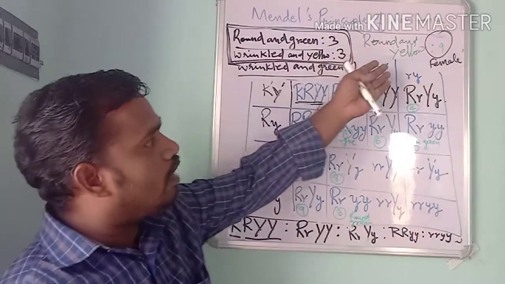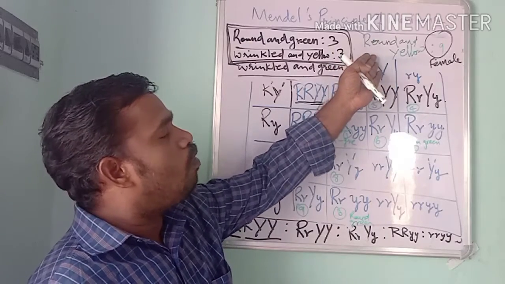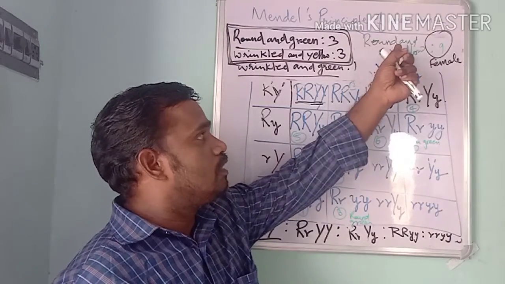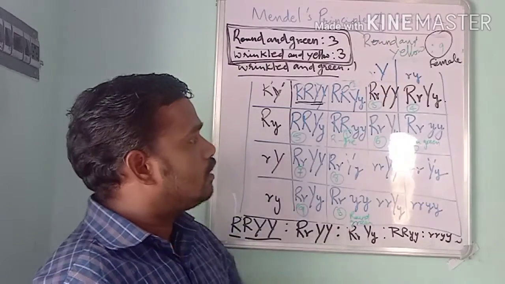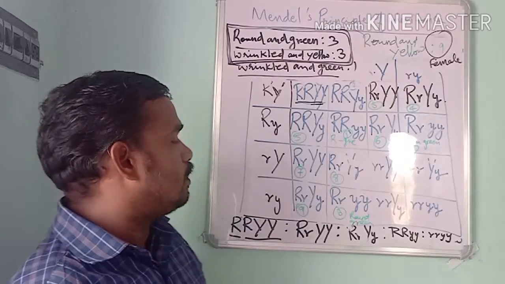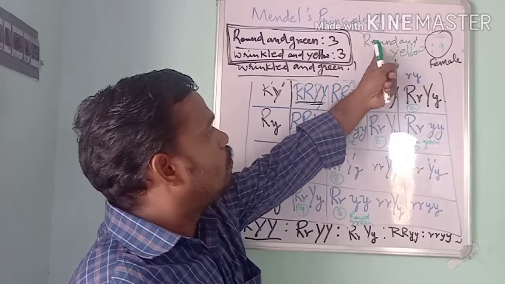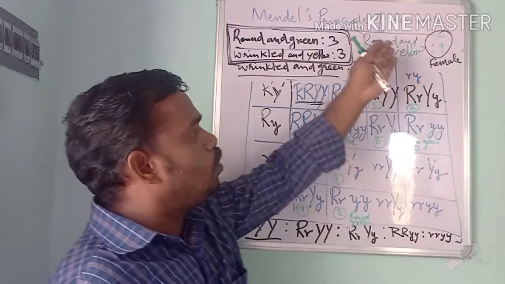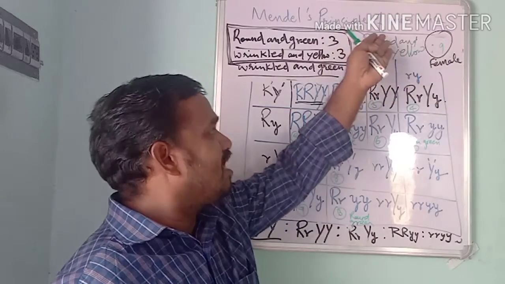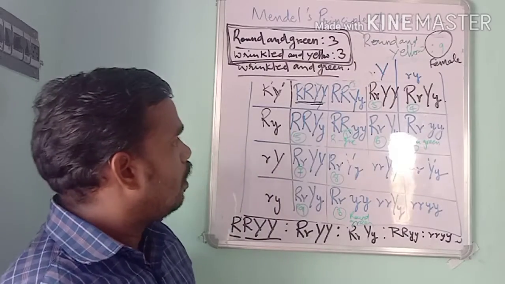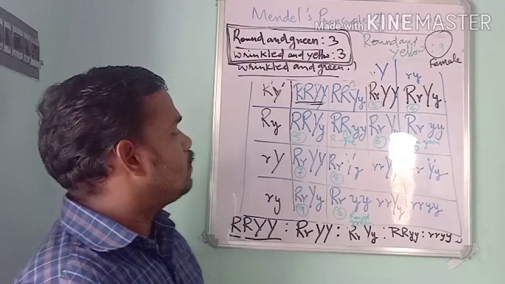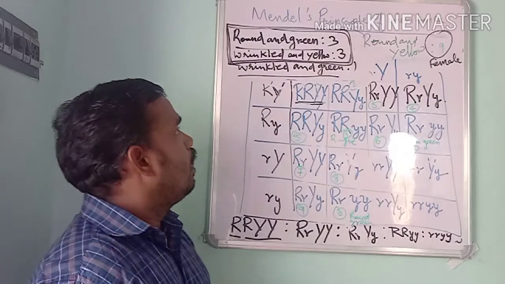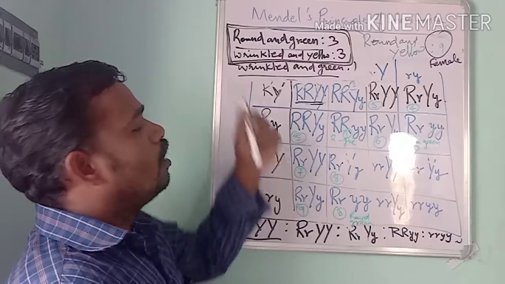So here we have taken that parent round and yellow seed, round shaped seed and yellow color seed. So this is one pair of contrasting traits. Okay, the round versus wrinkled, yellow versus green. So two pairs of contrasting traits are taken. However, when he crossed, in the F2 progeny he is able to get round and green, wrinkled and yellow, the two more new traits.